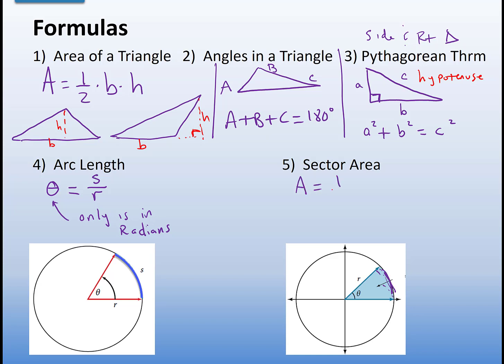Area equals 1/2 r squared times theta. So basically, it's a proportion of a whole circle area. One other warning with this formula is theta will only work if theta is in radians.